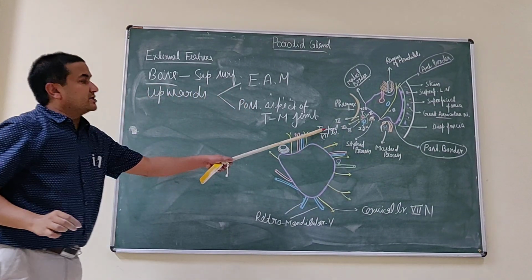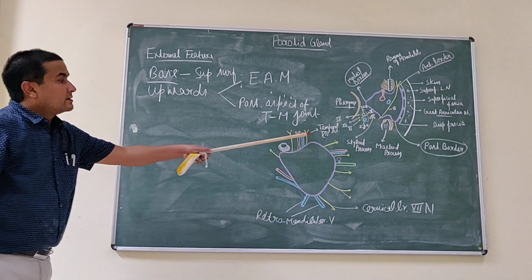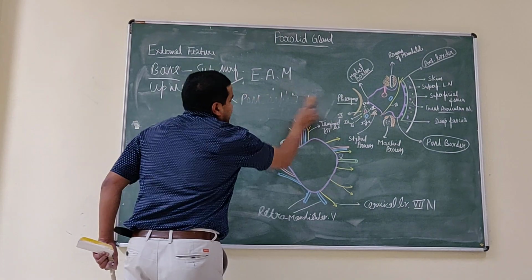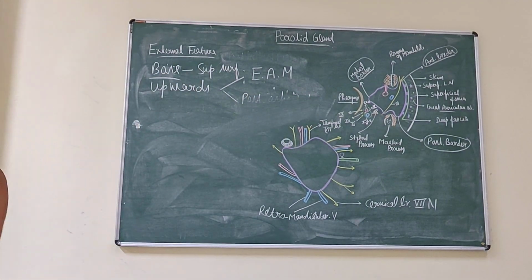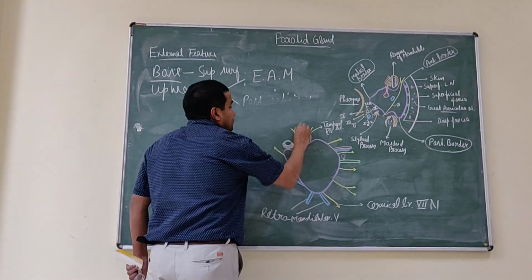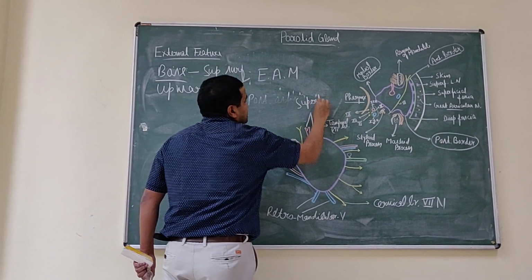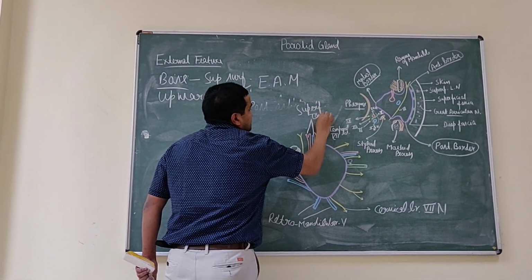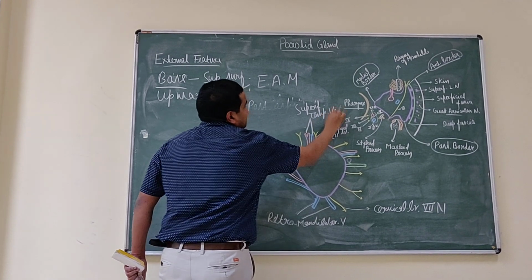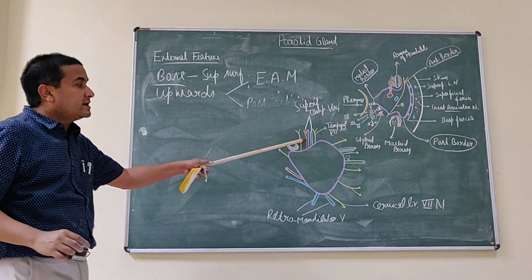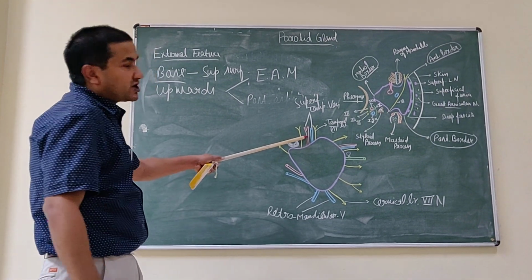Then the superficial temporal vessels, the superficial temporal artery and vein. The artery is the terminal branch of the external carotid artery.